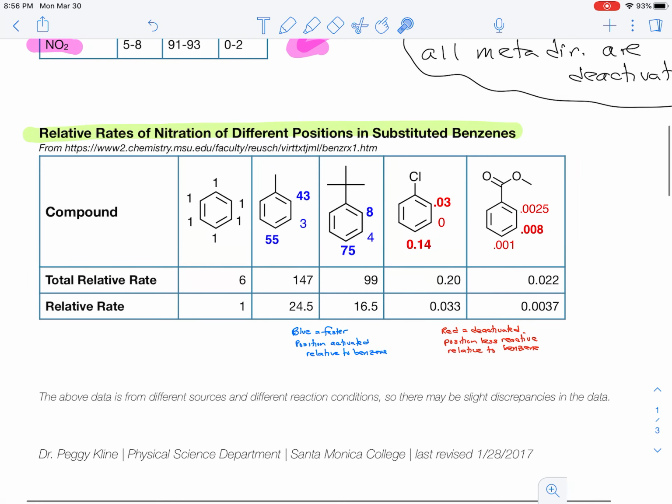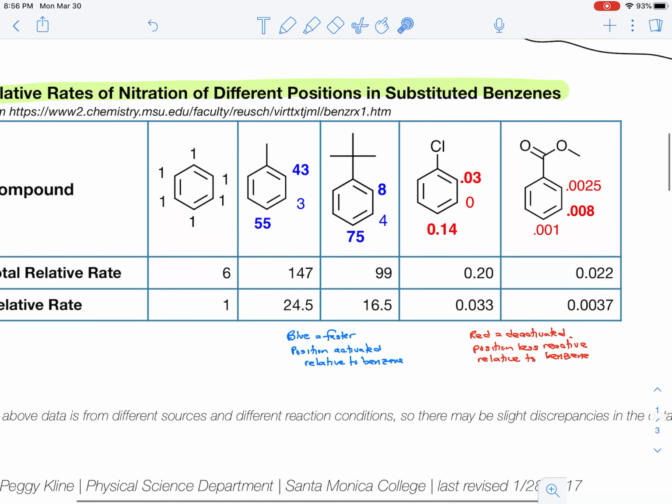We can go down and take a quick look at this data. What you really want to focus on here are the numbers. The numbers in blue and red indicate the relative rate of reaction of each one of these positions relative to what it would be in benzene. Again, for benzene, everything has a relative rate of 1. Don't worry too much about those numbers.